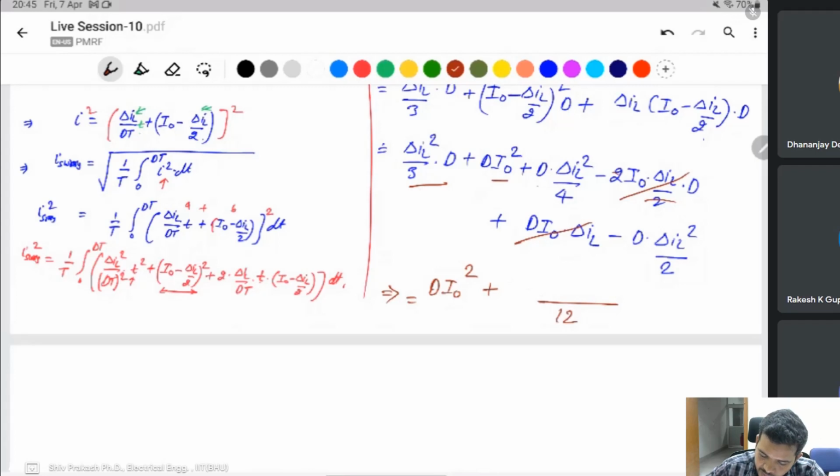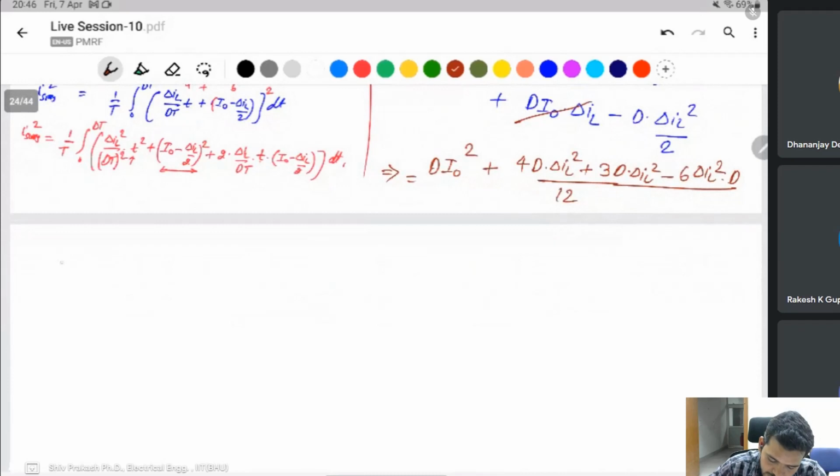Then this will open as 4 d into delta IL square plus 3 d into delta IL square minus 6 delta IL square into d.